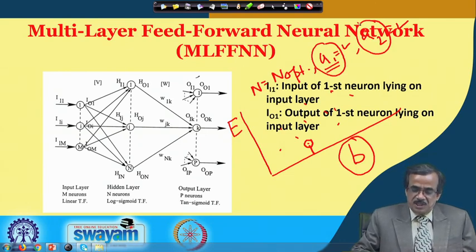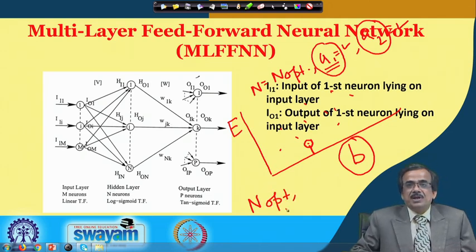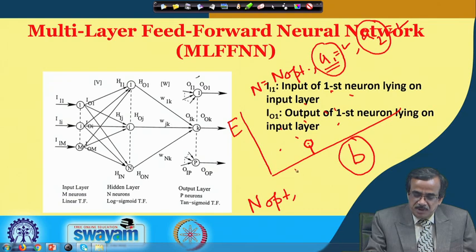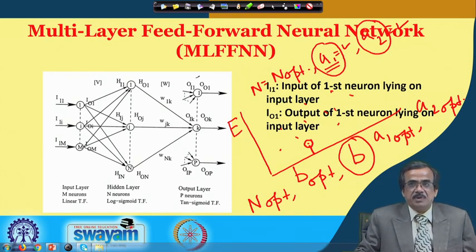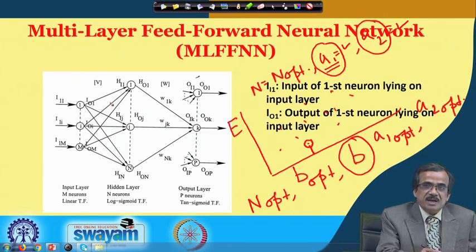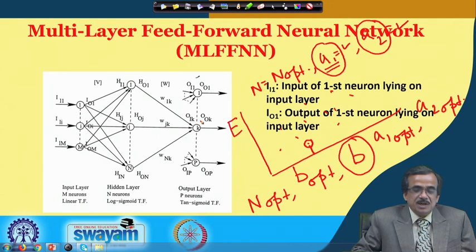So, by carrying out this study, we can find out the near optimal value for the number of hidden neurons, the near optimal value for the bias value, the near optimal value for a 1 and the near optimal value for a 2. And once we have got this, we are in a position to decide, at least approximately, what should be the topology of this network and what should be the other parameters.